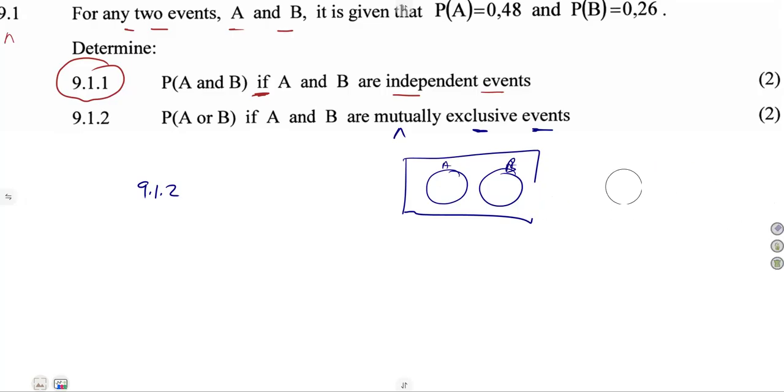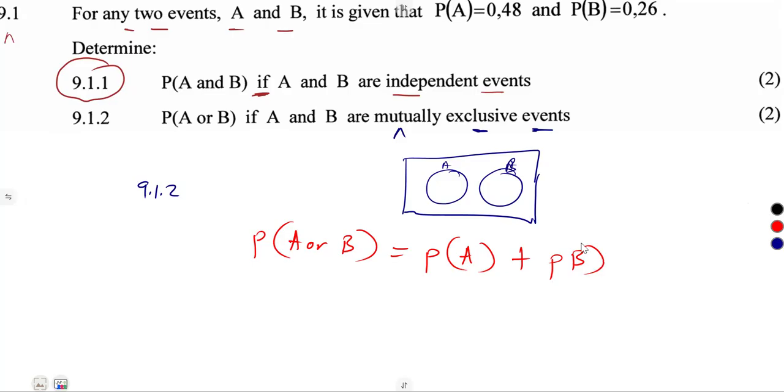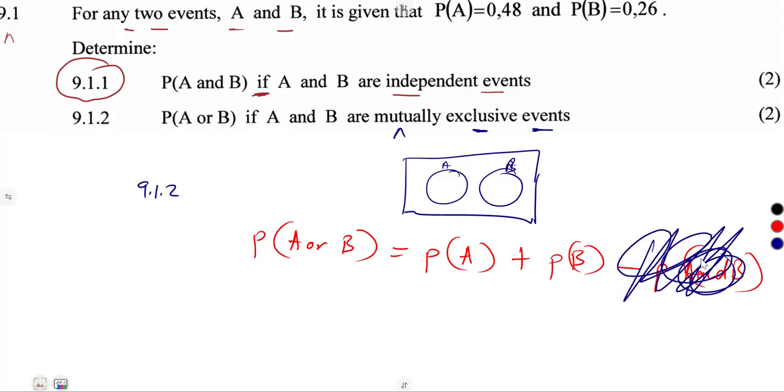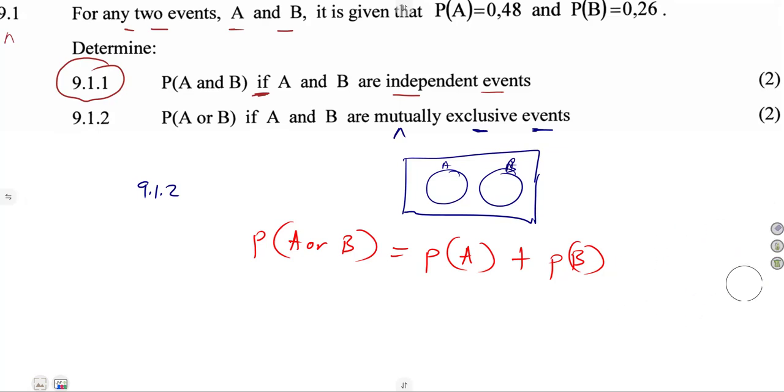So if the intersection of A and B is 0, we understand that the probability of A or B is simply the probability of A plus the probability of B. Remember, you are supposed to subtract the probability of A and B, but there is nothing here to be subtracted. So you just end up with these two. Understand your concept of simplification, guys.